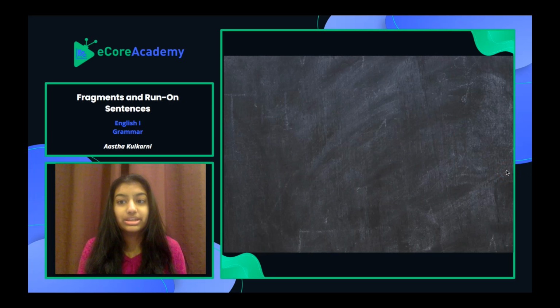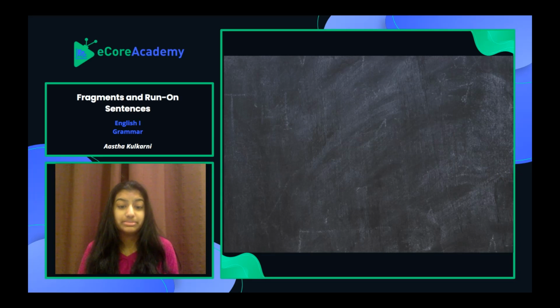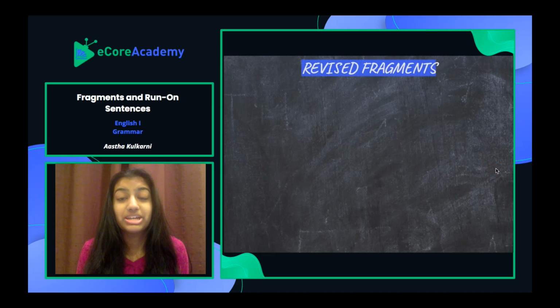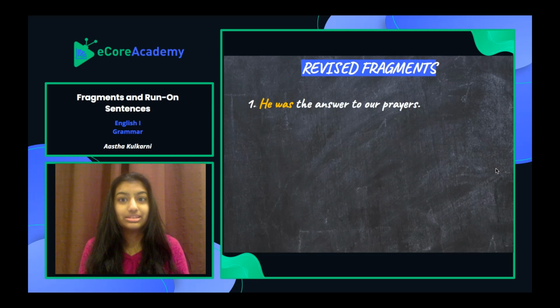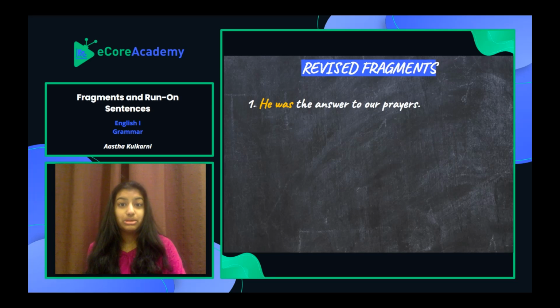So let's take a look at those examples I had shown previously, and let's make some corrections together so you guys understand how to use those three techniques that we just talked about. These are going to be our revised fragments. Our first fragment, previously, was just the answer to our prayers. What we did here is we utilized the first technique, which was to add a subject or verb.